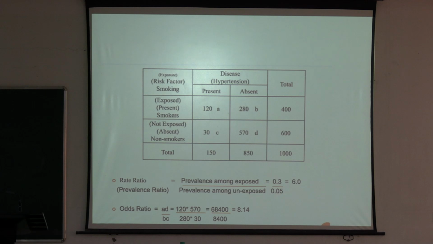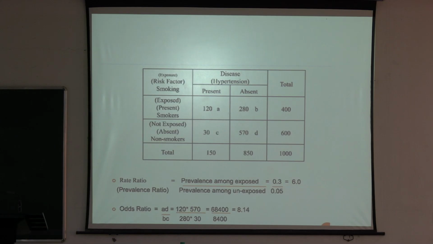Then you have what is called the prevalence ratio or odds ratio. Prevalence among exposed divided by prevalence among unexposed, that is called the prevalence ratio. That is 0.3 by 0.05, which gives you 6. On the other hand, we have the odds ratio, AD by BC.